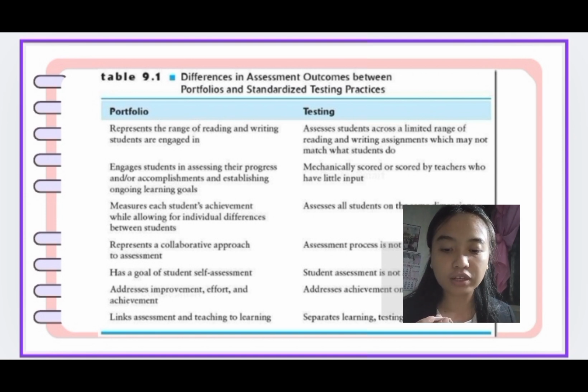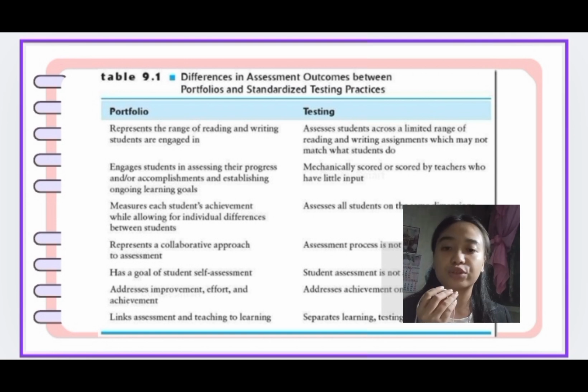Another is that a portfolio engages students in assessing their progress and establishing ongoing learning goals, while in testing, the tests are mechanically scored or scored by teachers who have little input. So this means that a portfolio encourages students to reflect on their progress and set their future goals, while in testing, tests are scored by machines or by teachers who have little influence over the assessment process.